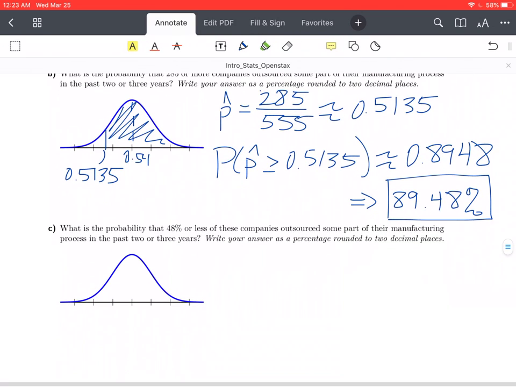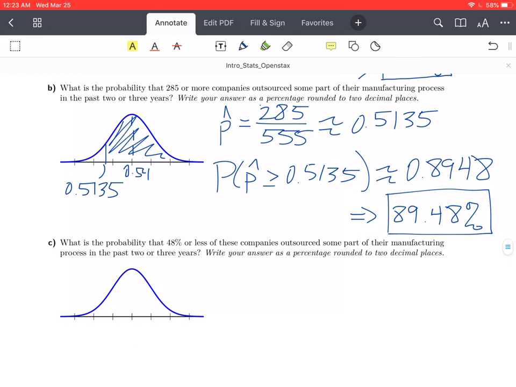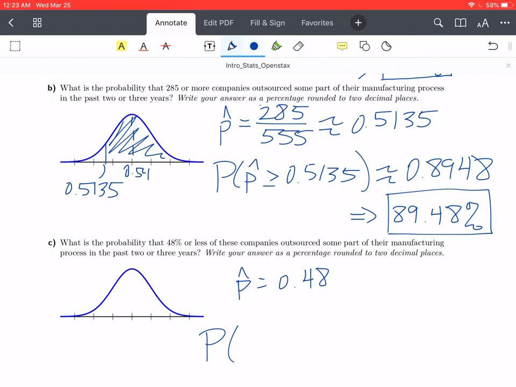And then part C, what is the probability that 48% or less of these companies outsourced some part of their manufacturing process in the past 2 or 3 years? So in this case, they pretty much just gave us p hat. So they gave us p hat as 0.48. So the probability of that sample mean, or excuse me, sample proportion being less than 0.48.